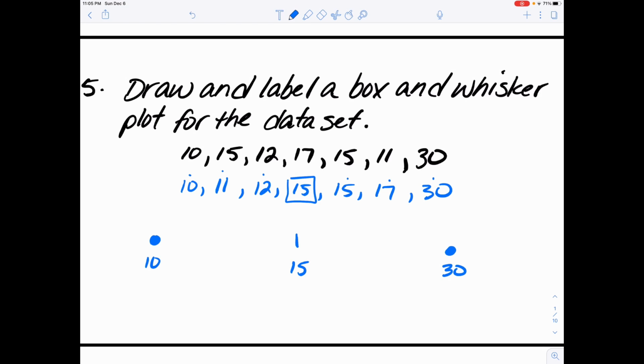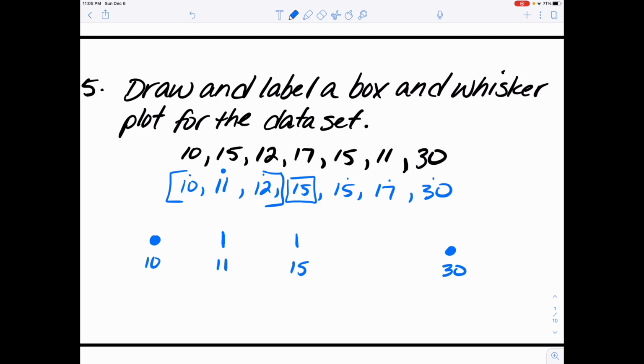Okay, and the way we find the left end and the right end of our box is by finding the median of the top half of the data and the median of the bottom half of the data. So let's start with the lower end. We have 3 numbers here in the lower half. The median of that part is 11.